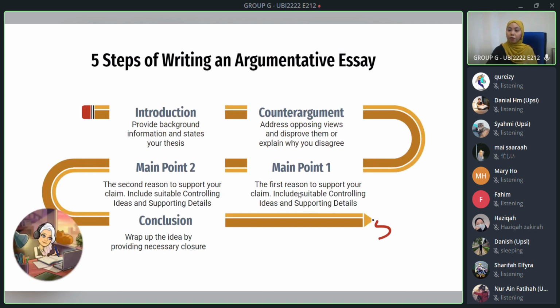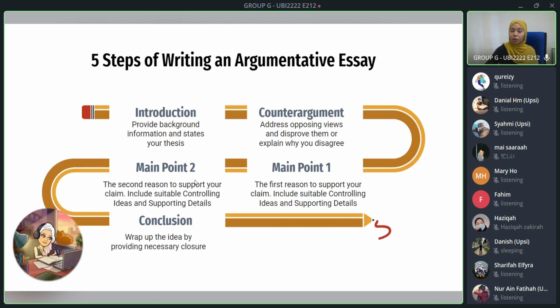Now, in the previous slide, I showed you that you need to have 3 main points. But for an argumentative essay, it's okay to only have 2 because you have an additional paragraph, which is counter argument. And maybe you want to talk a lot about this first and second points.